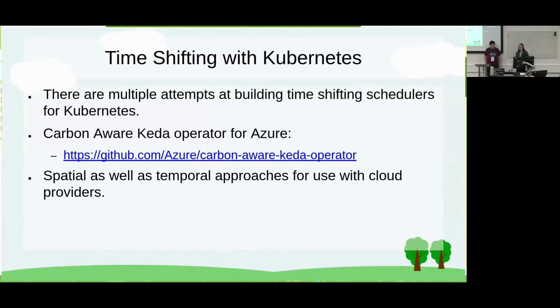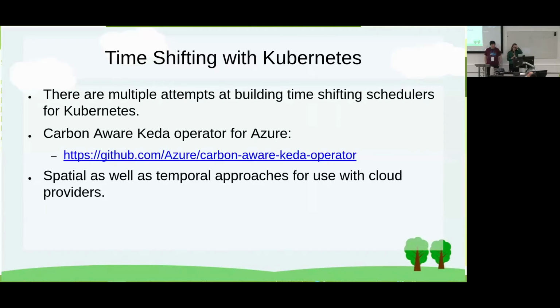Another thing we'd like to highlight is relating to Kubernetes. There's this time shifting scheduler, or there's more than one. People have realized that this would be a good thing to do on the topic. So one that we have linked to is the Carbon Aware KEDA operator for Azure.